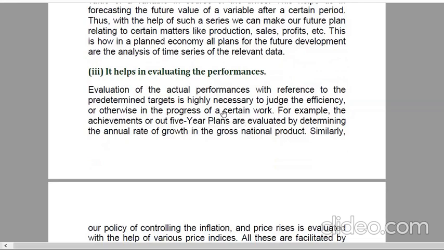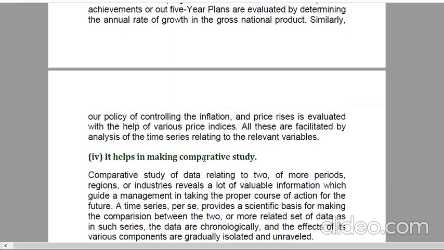For example, the achievements of our five-year plans are evaluated by determining the annual rate of growth in the gross national product, right? Similarly, our policy of controlling inflation and price rises is evaluated with the help of various price indices. All these are facilitated by analysis of the time series relating to the relevant variables.